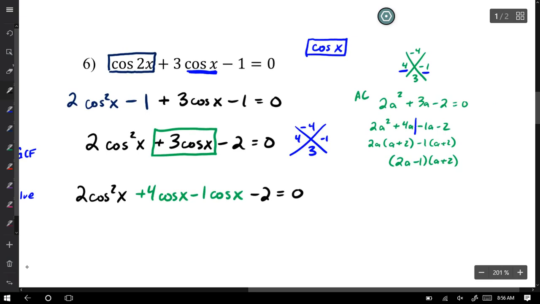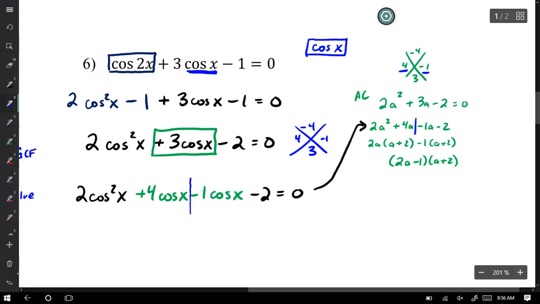So if I go, we're right here. And it looks about the same structure. We have a 2, a squared term, 4, negative 1, a cosine, negative 2, negative 1 a variable, negative 2. Looks good. So what I'm going to do is factor by grouping.